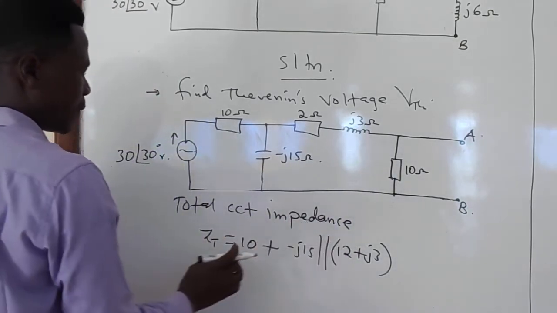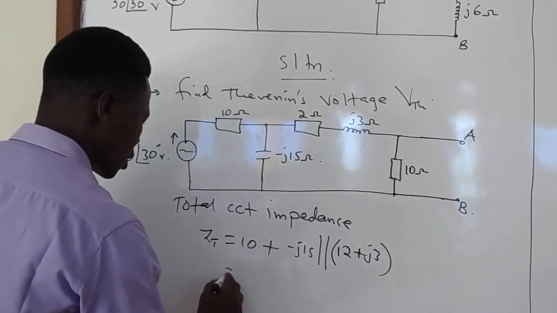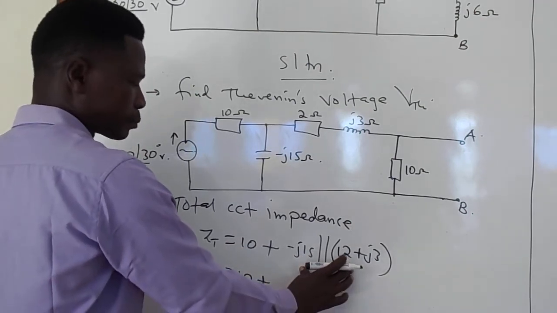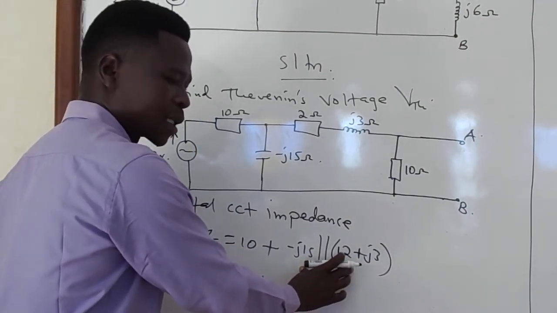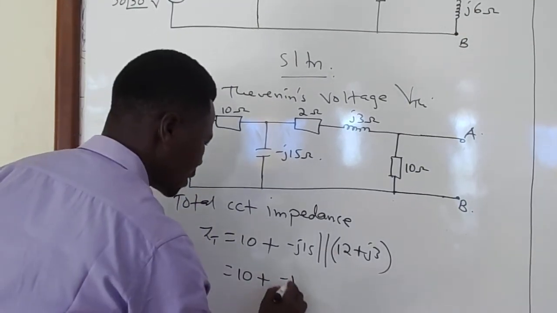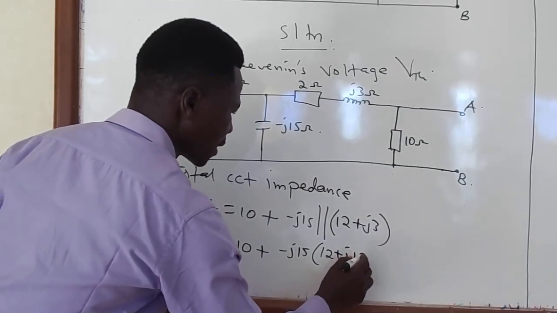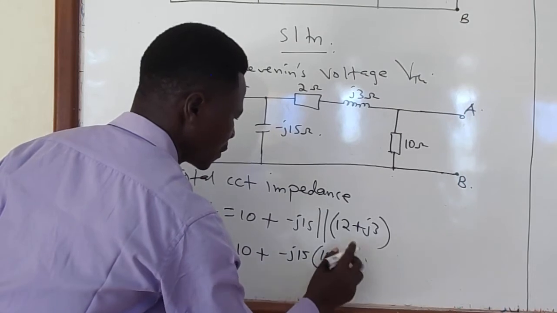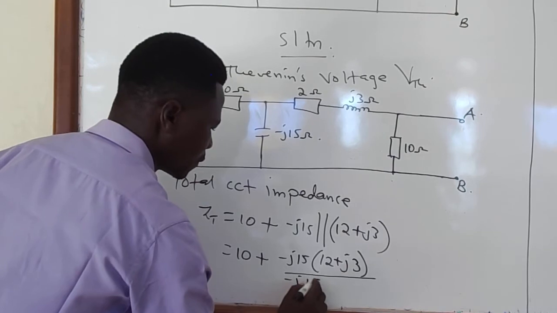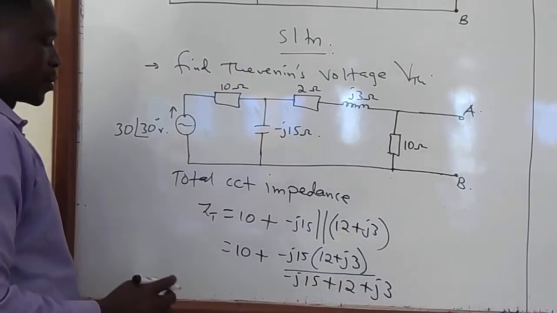So this will give me the circuit impedance, which is now equal to 10 plus, this is a parallel circuit of 2 impedances, that is product over sum. So I'll have negative J15 times 12 plus J3, all over the sum, negative J15 plus 12 plus J3.